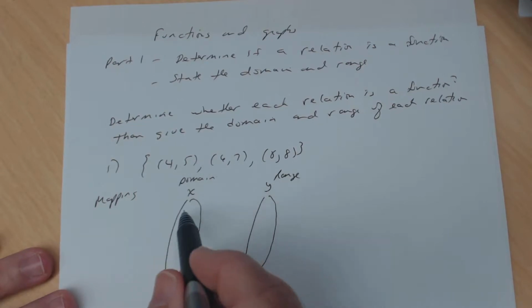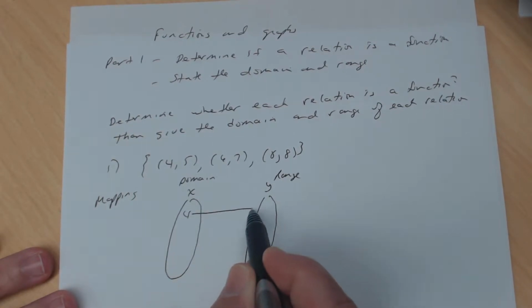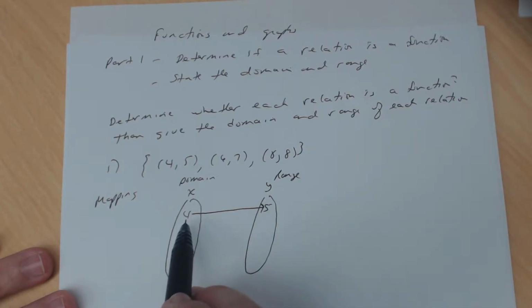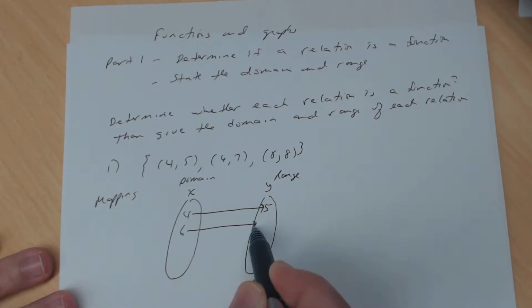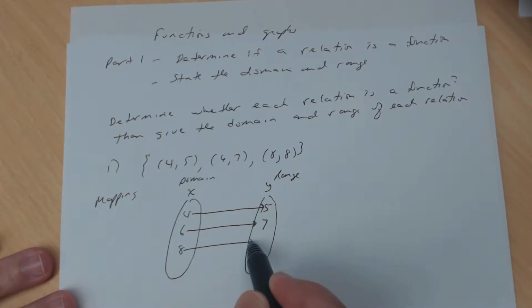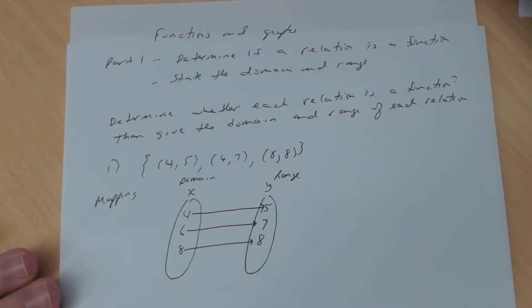For example, here's what you would do. When x is 4, it gets mapped to 5. When x is 6, it gets mapped to 7. When x is 8, it gets mapped to 8. Okay?